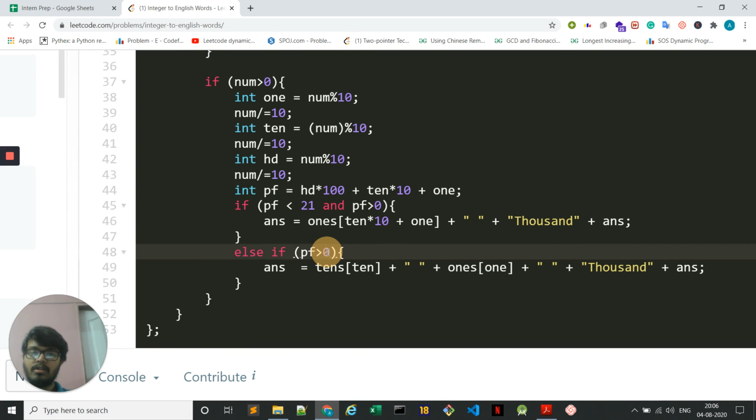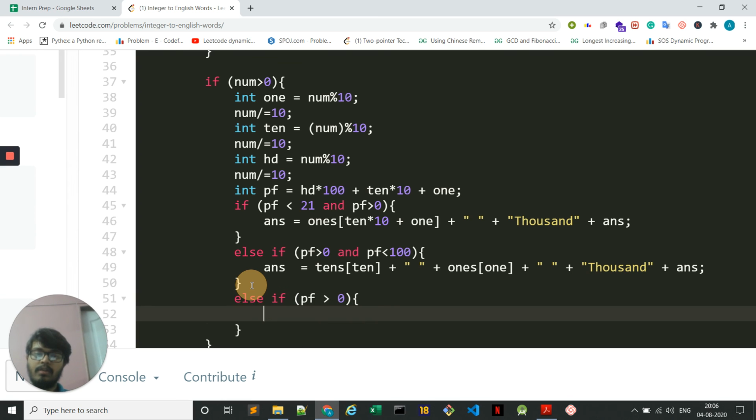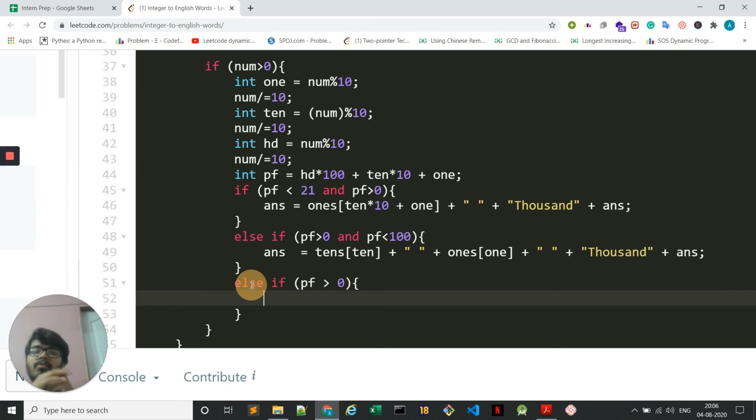Else if this number is greater than 0 and less than 100, and if the number is greater than 100, it would be like 123, 133.